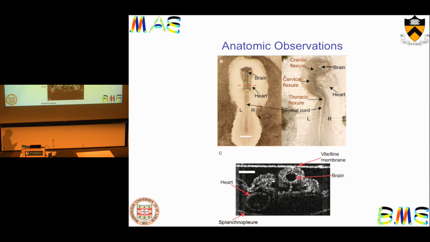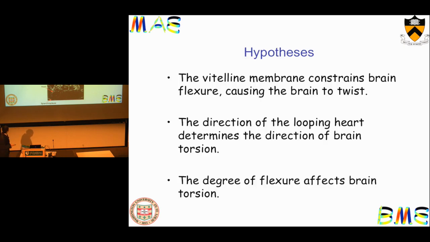And in the spinal cord, there's another flexure which actually has a different sign of curvature. It bends in the opposite direction to those two, which we'll call the thoracic flexure. And so our hypotheses are the following.